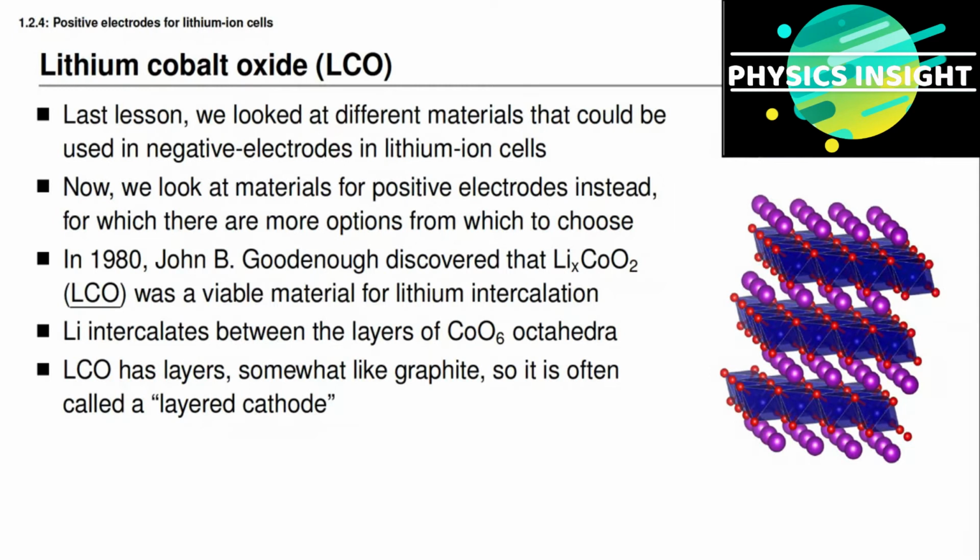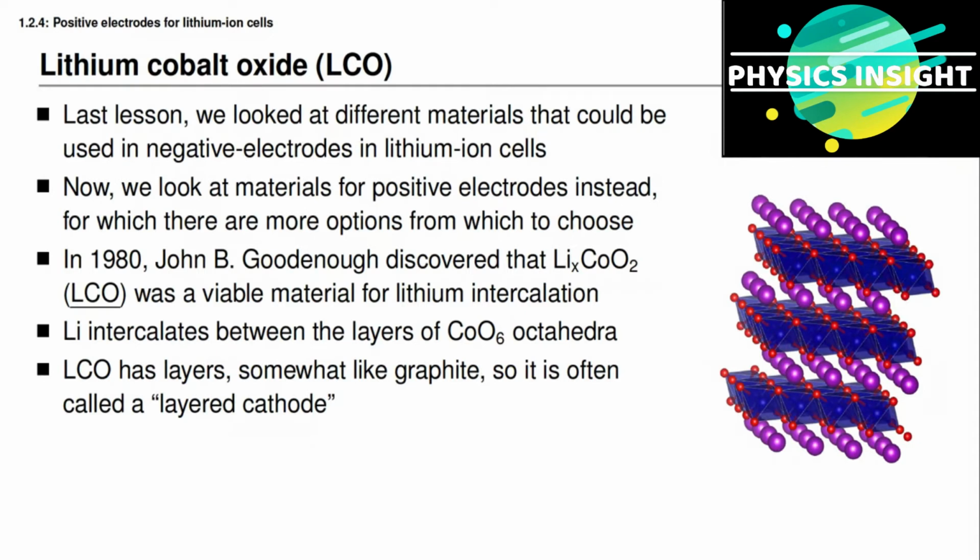You'll notice in the chemical formula in the third bullet point on this slide that the subscript for lithium is x. This might not seem common to you. It might seem unusual if you're more familiar with chemical formulas like H2O, where the subscripts are all integer numbers.